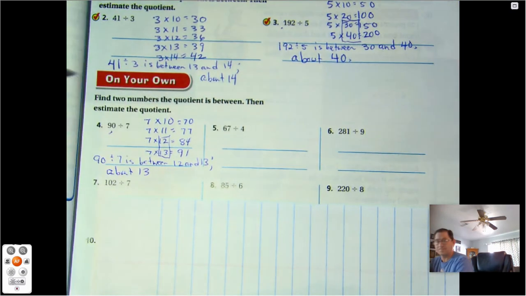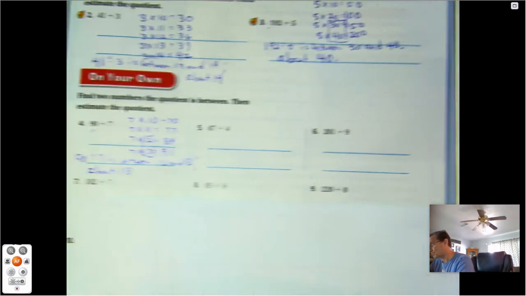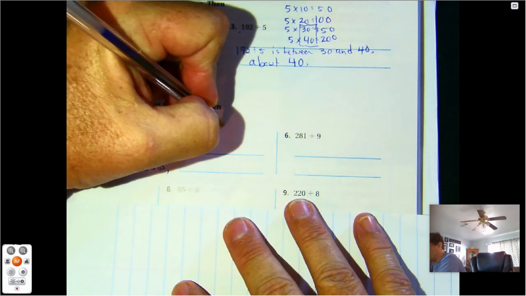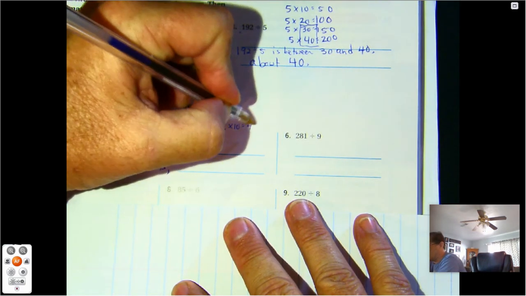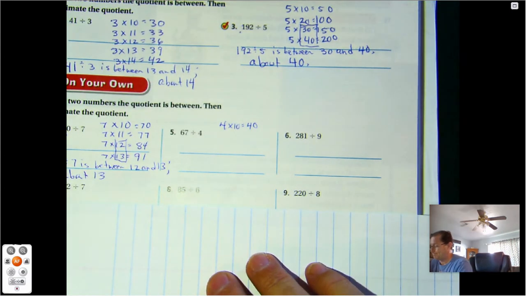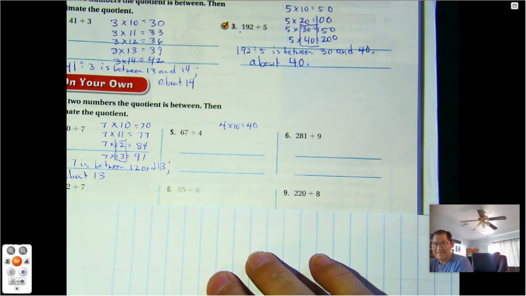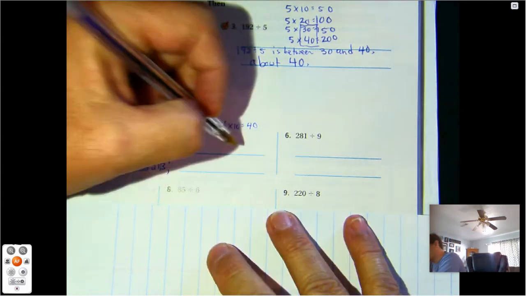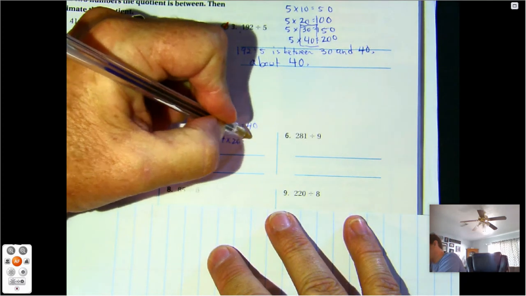Okay. 67 divided by 4. So 4 times 10 is 40. So I think we're going to have to keep counting by 4s. Because if I go 4 times 20, that's 80, which is more.